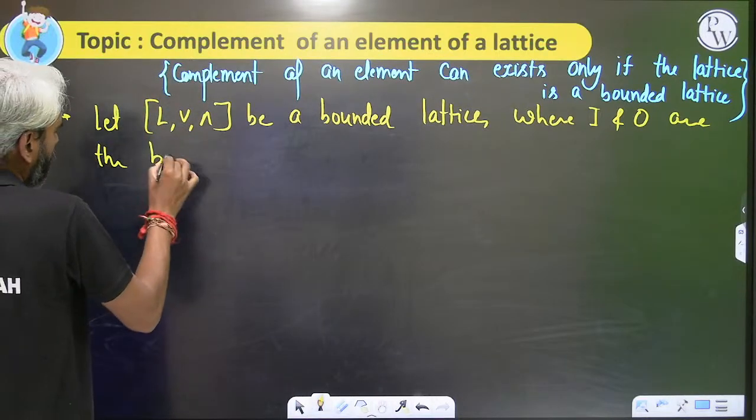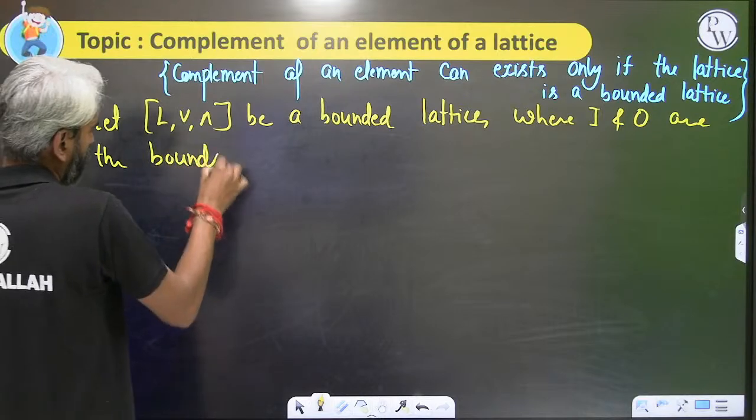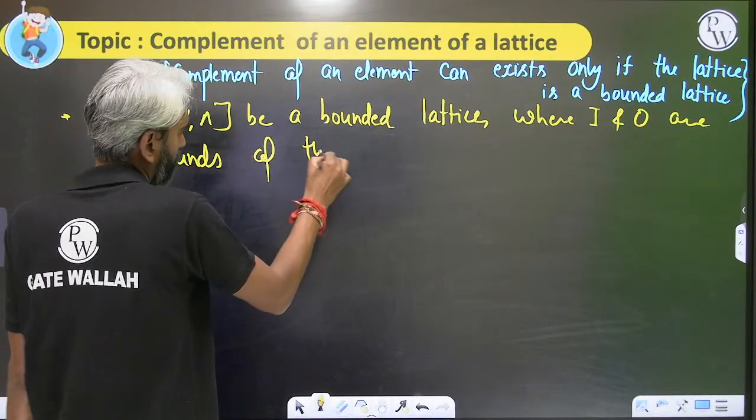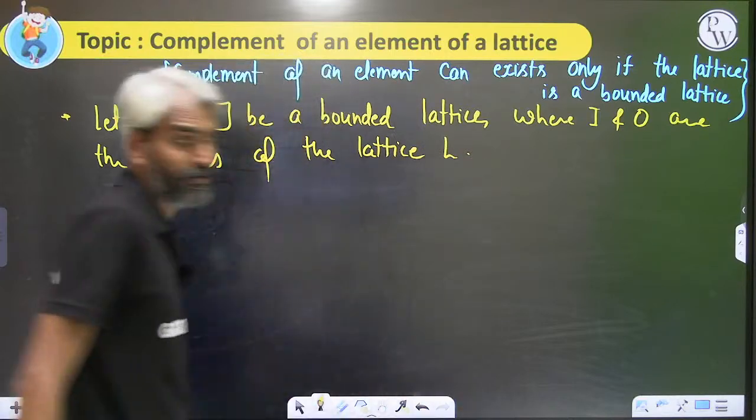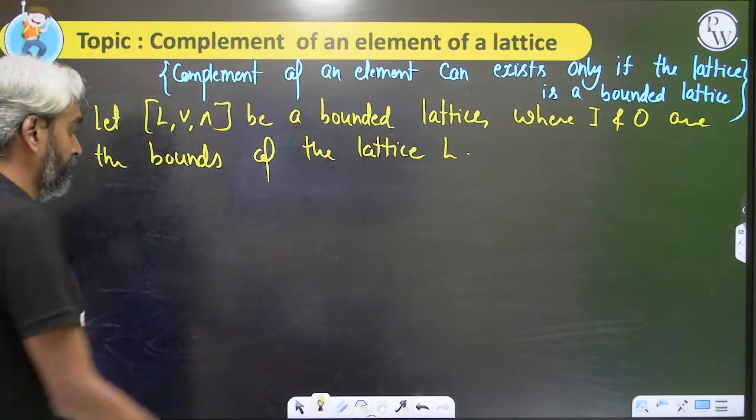I and O are the bounds of the lattice L. Right. Again and again, the universal upper bound and universal lower bound.